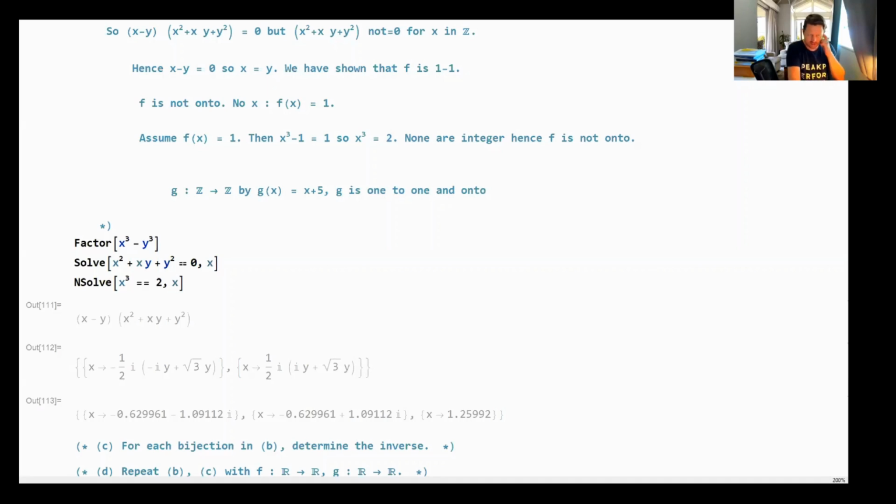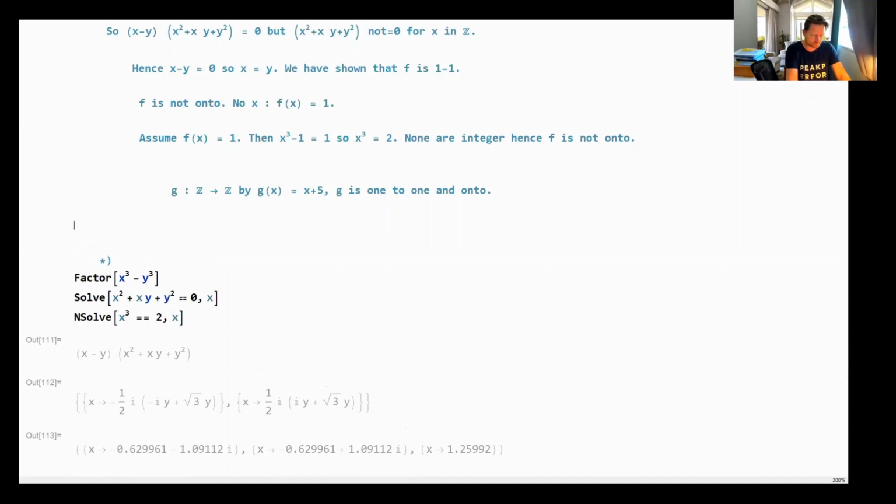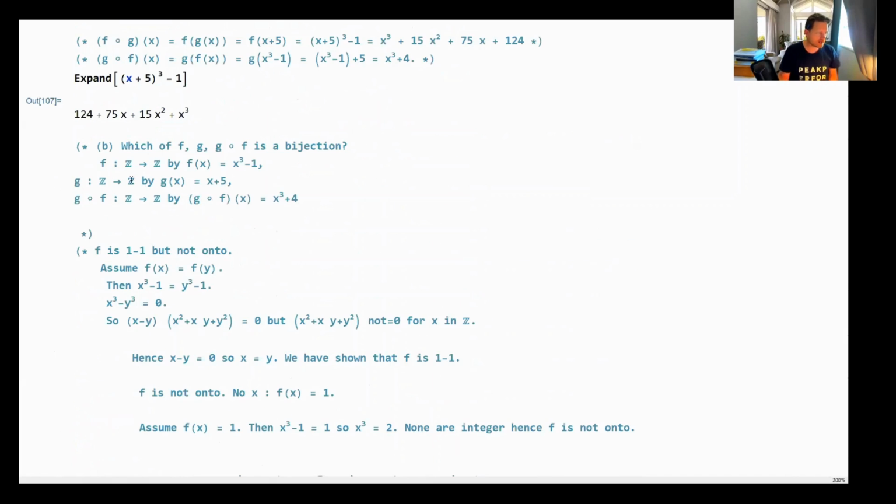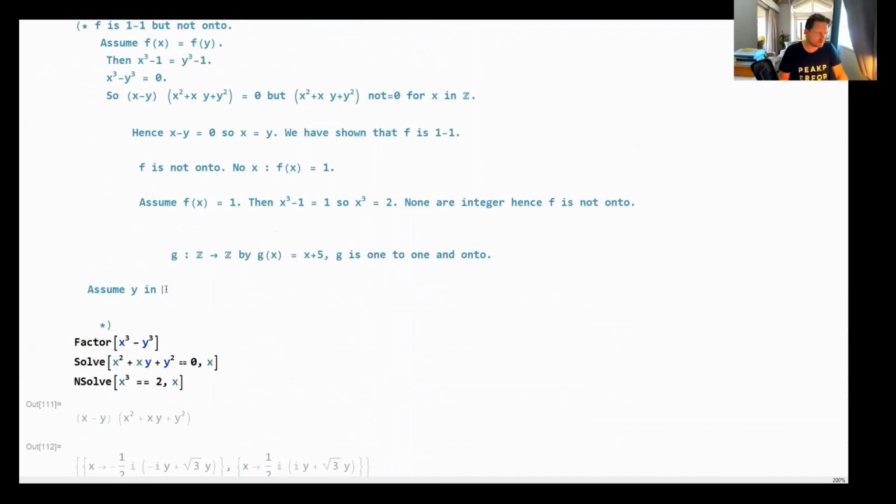All right, and so the way you show onto, we say assume that y is in the set on the right-hand side, which is just the integers. Assume y in Z satisfies y is equal to x plus 5.